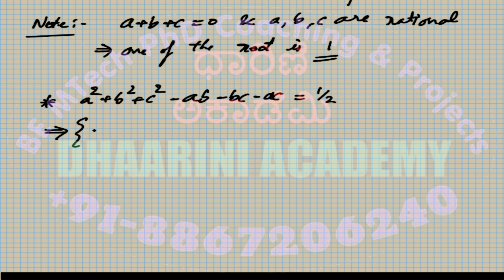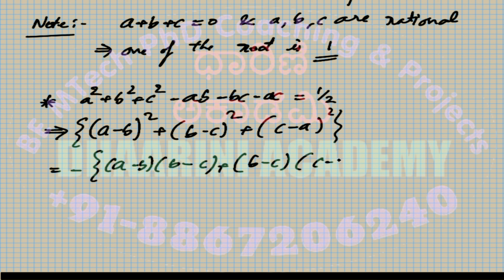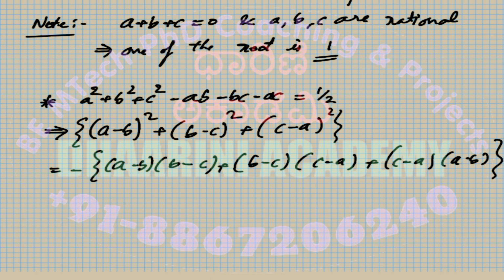Then (a minus b) whole square plus (b minus c) whole square plus (c minus a) whole square can be simply equated to minus of (a minus b)(b minus c) plus (b minus c)(c minus a) plus (c minus a)(a minus b). So this will get satisfied. We use this several times in our problems to save some time.